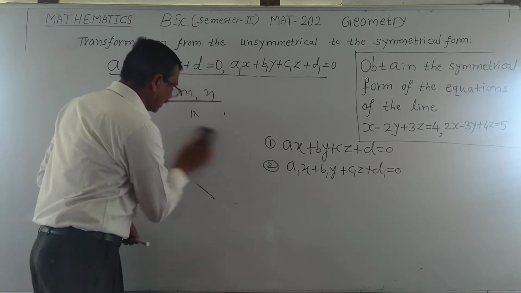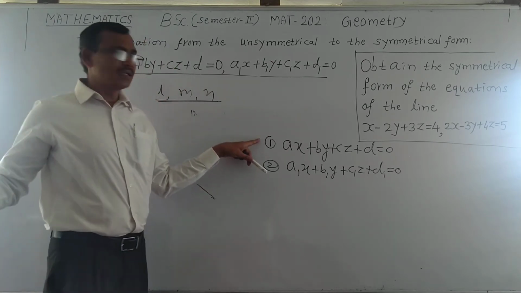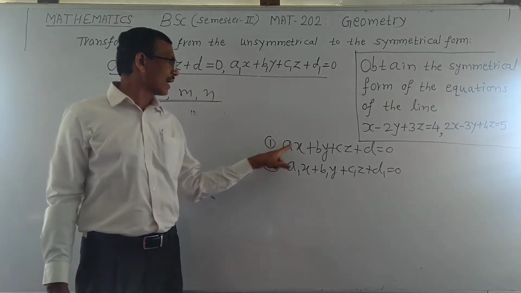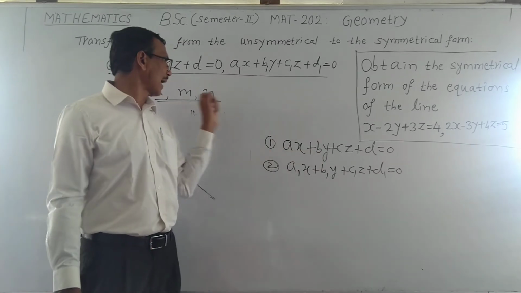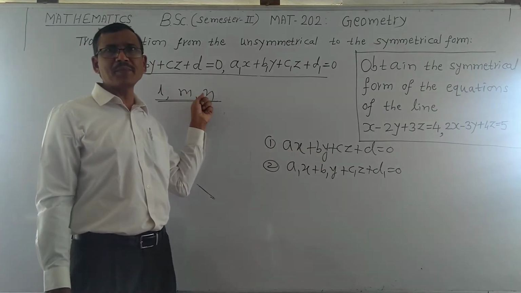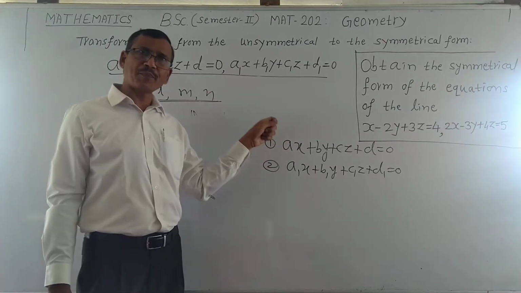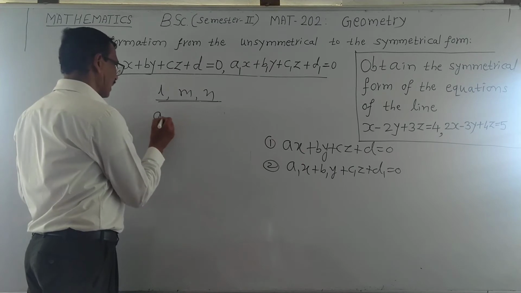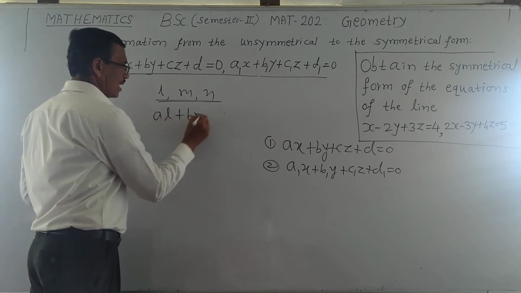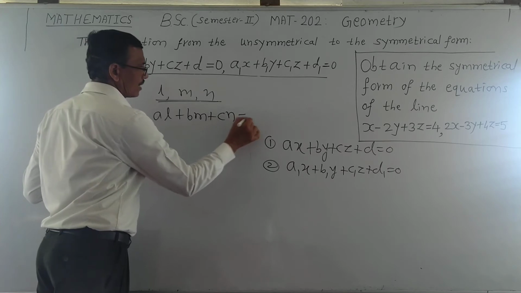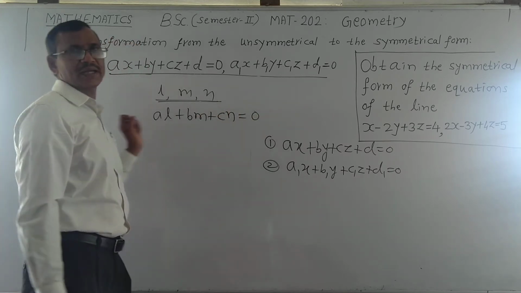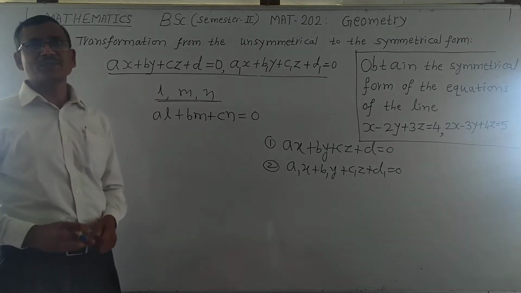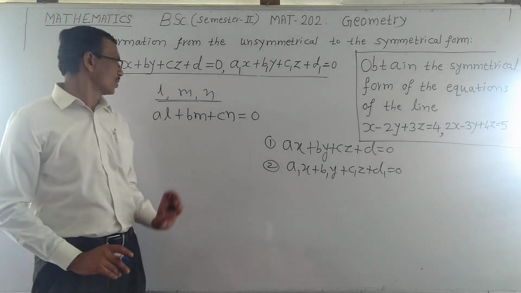As the direction ratios of the normal to the first plane are A, B, C, and the line whose direction ratios are l, m, n is perpendicular to it, we must have Al + Bm + Cn = 0, by using the condition that when two lines are perpendicular, a1a2 + b1b2 + c1c2 = 0.